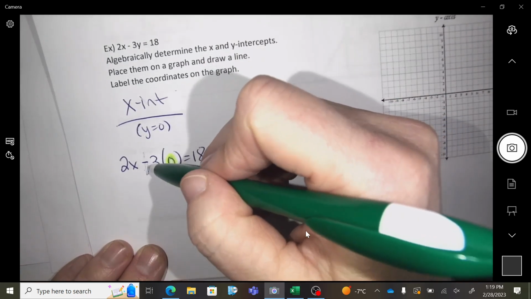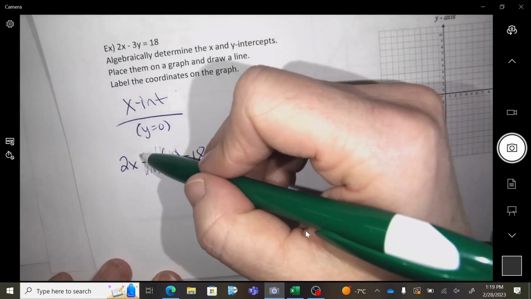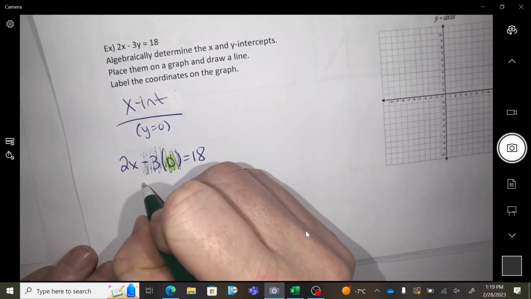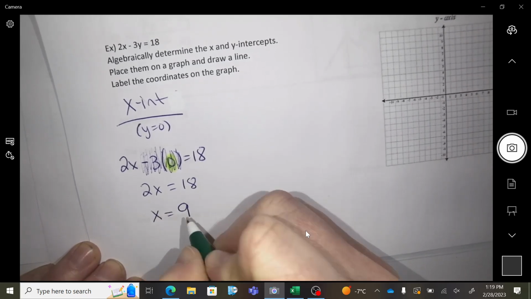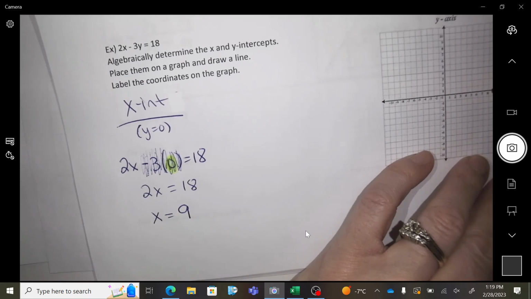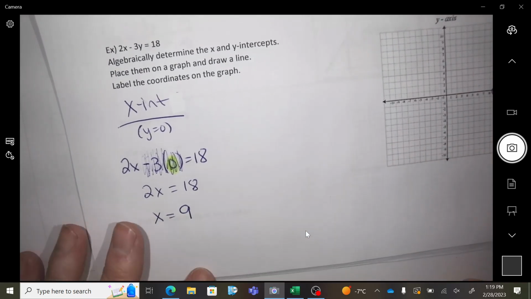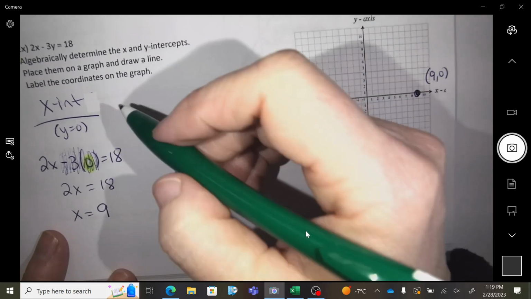And I'm just going to visualize that as not there, if that's all 0. Okay, so I got an x of 9, so I'm going to draw it, and I'm going to describe the coordinate as 9, 0 then.